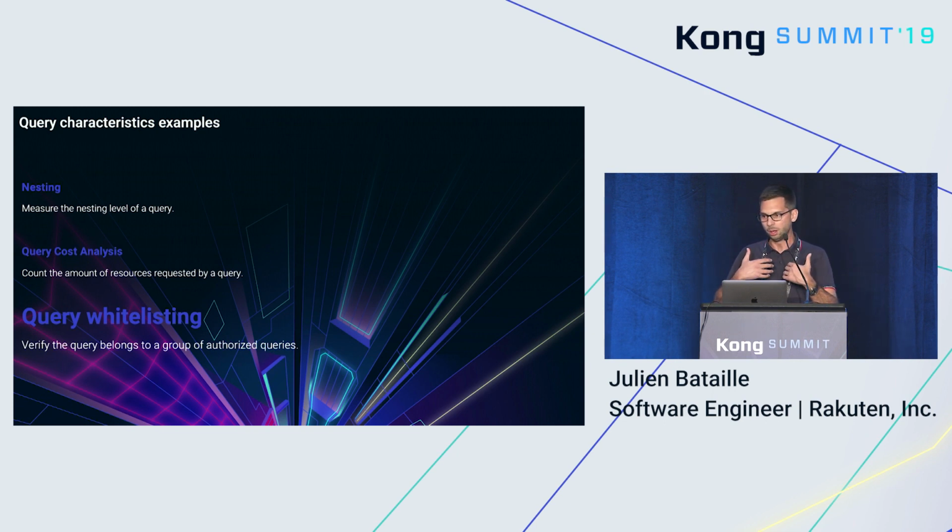But if it's your own API for your own clients, you probably don't want to enable the flexibility of GraphQL in production, because you already know what your clients are using. So for every release of your app, you could just whitelist all the possible queries that your client is sending. I will develop this example in just a moment.